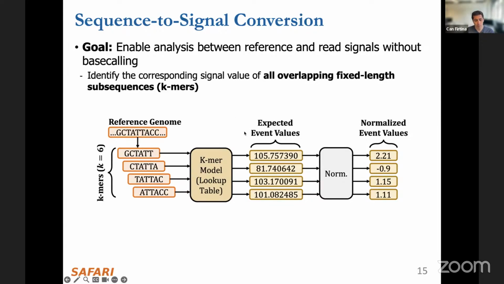So after converting these k-mers to their event values, we normalize them using z-score normalization calculations.